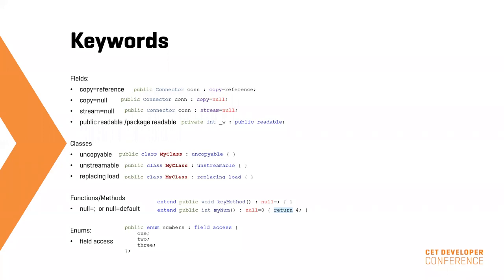So if I add field access here now, my names are numbers.1, numbers.2, numbers.3. To access them, I do have to call numbers.1, numbers.2, numbers.3, but it does help with making the names more specific.